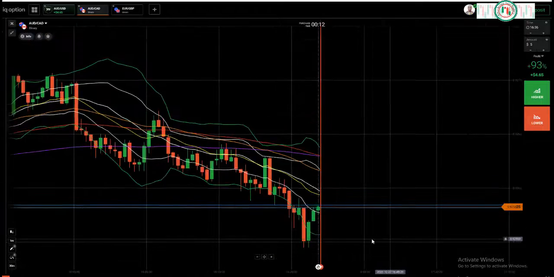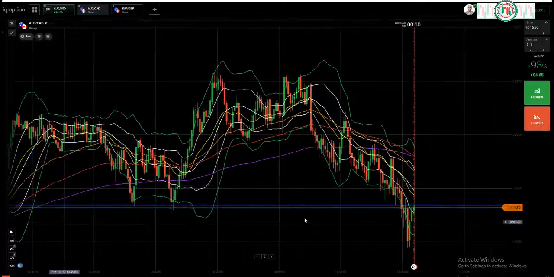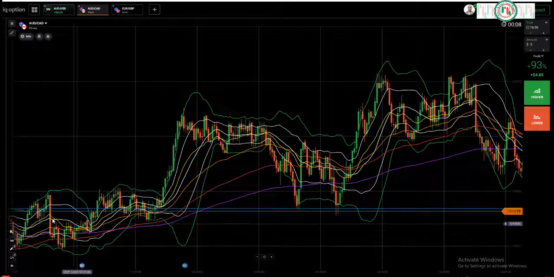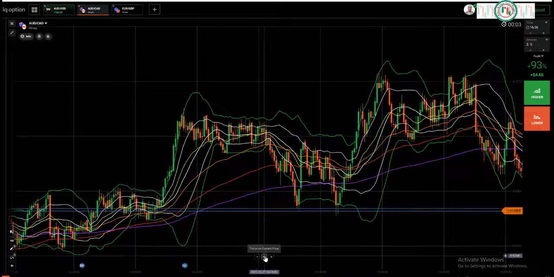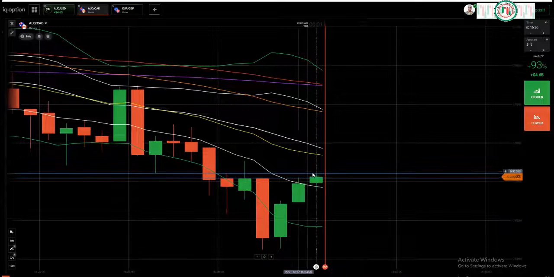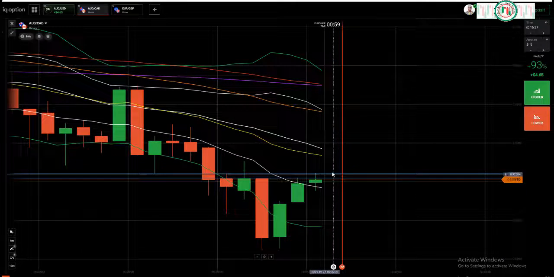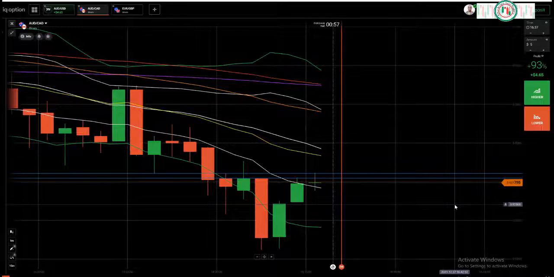Red, put option. So I'll wait for market to close here inside this level, then I place my trade.